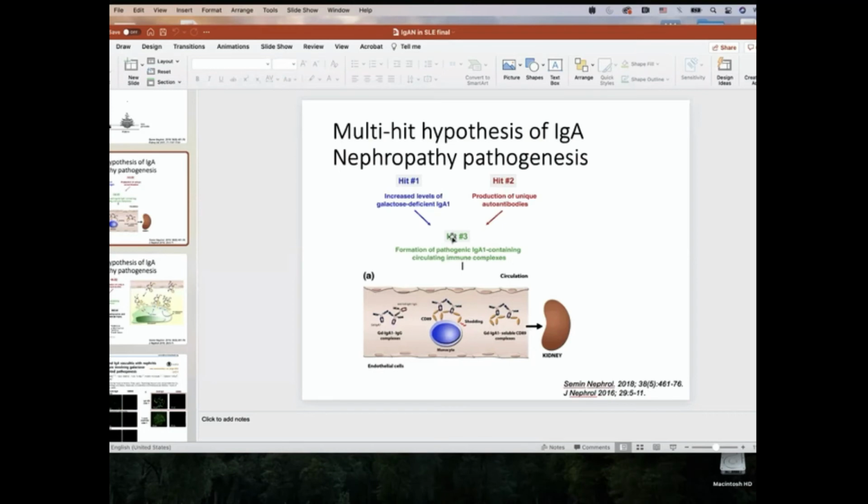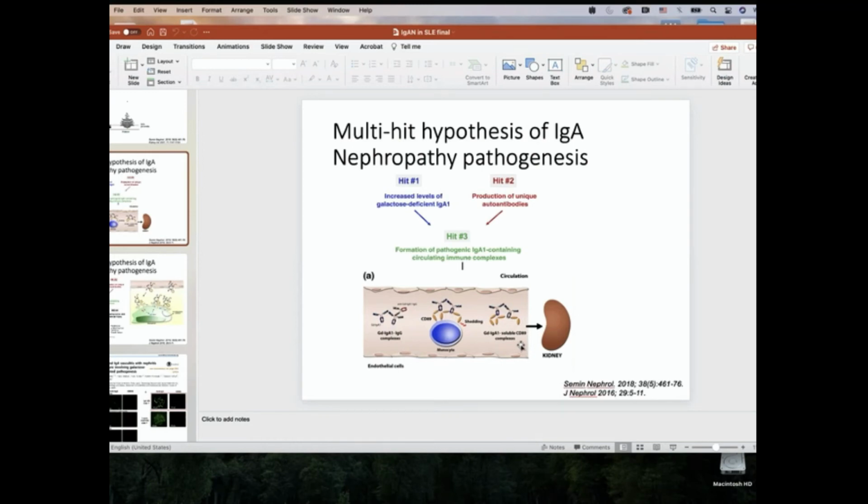And as we can see, the galactose deficient IgA1, in the circulation or even in polymers, can bind to CD89 and get shed off the monocytes.